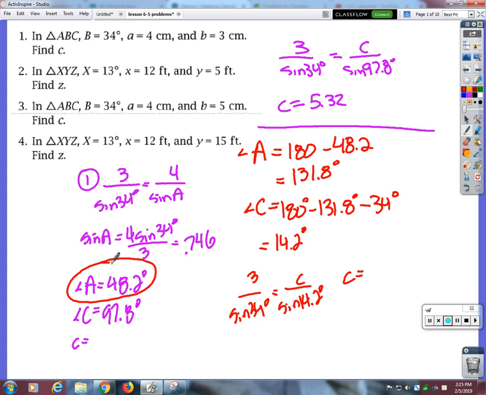Okay, you go back to the very first thing that you found. You subtract that from 180. That's your new angle A. And then you just do the same stuff over again. You use that to find out what angle C is, because that's how I figure out what the third angle is. Because that was the original one that they gave us.